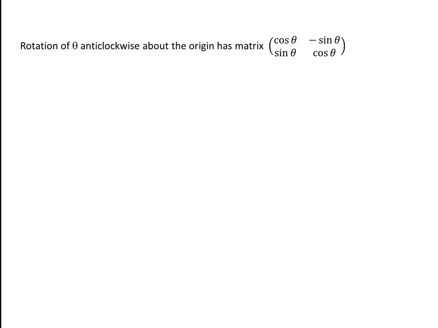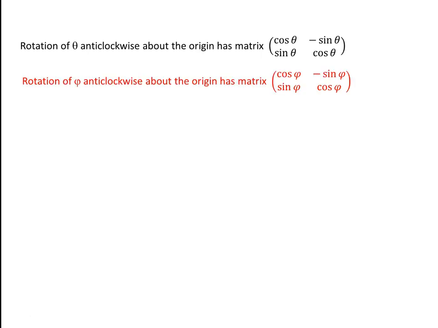We know from our previous video that the rotation of theta anticlockwise about the origin has got a matrix of cos theta, sine theta for the first column, minus sine theta, cos theta for the second column. Replacing theta by phi means that a rotation of phi anticlockwise about the origin has got a matrix cos phi, sine phi for the first column, minus sine phi, cos phi for the second column.